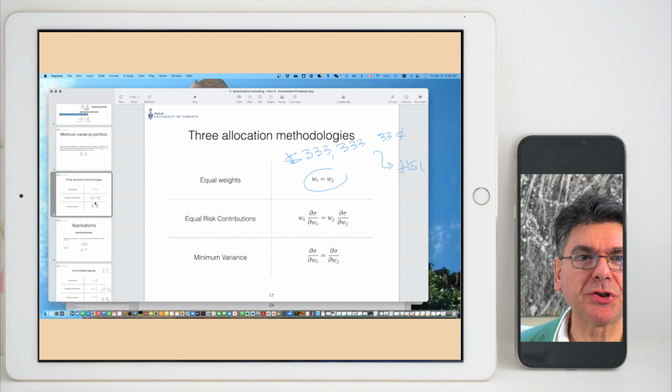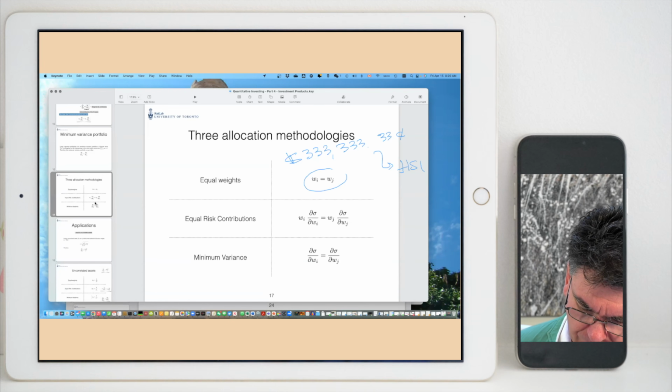How much money goes into the S&P 500 index?